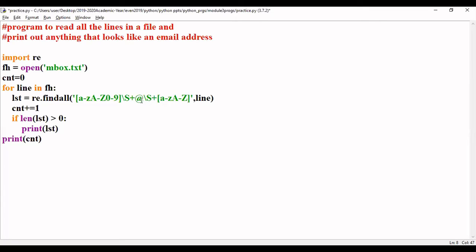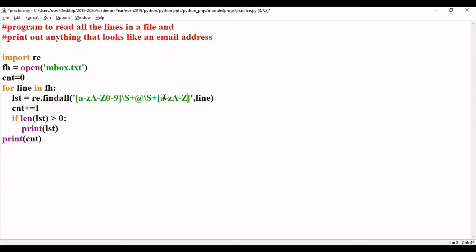Now, I think this should be perfect. The email address will begin with this character, followed by non-whitespace characters, followed by @, and again followed by non-whitespace characters with uppercase letters and lowercase letters.